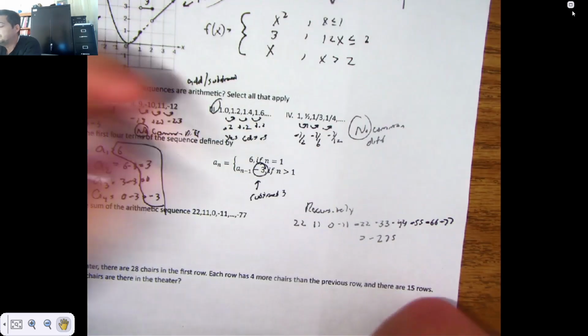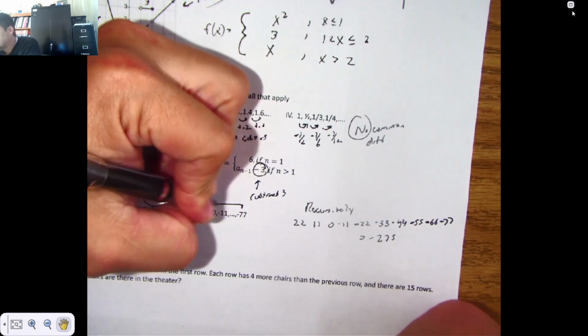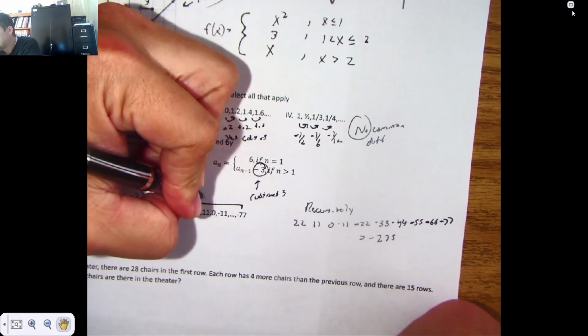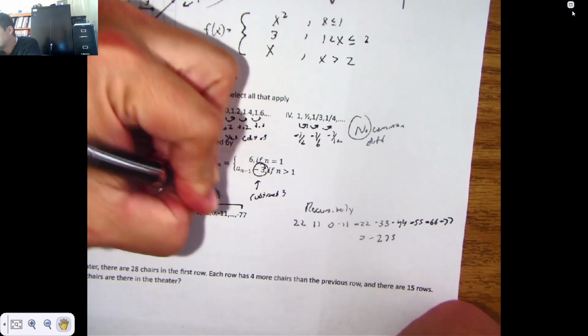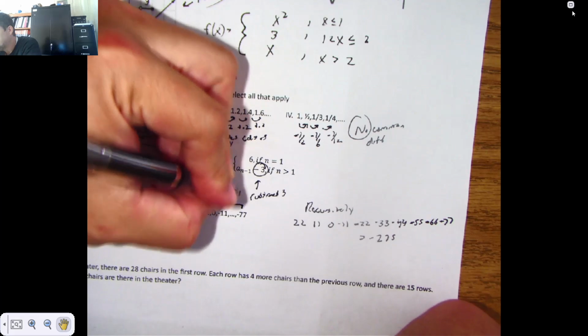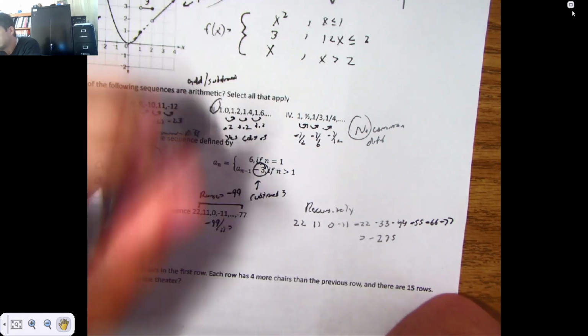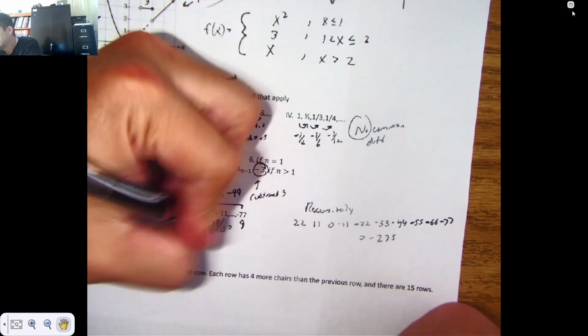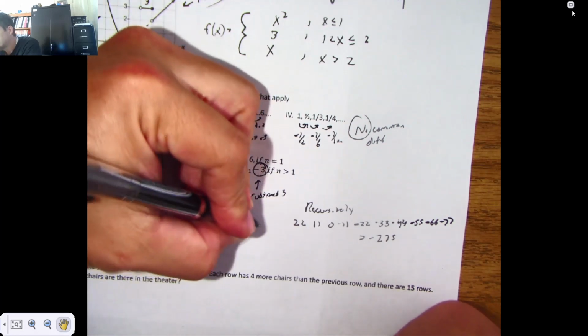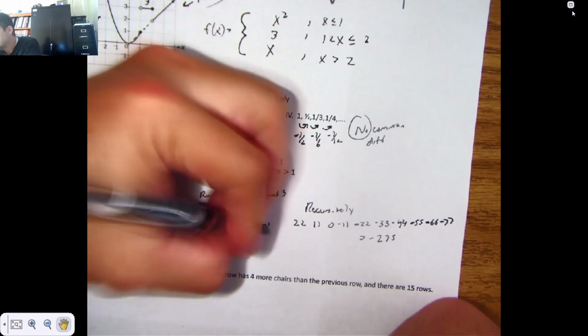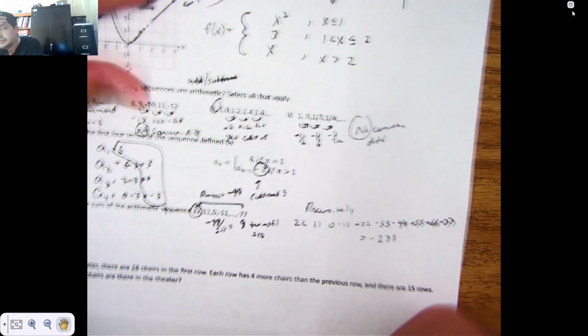Takes a minute. What I would have done is I would have figured out that the difference here, the range, is negative 99. I would have thrown negative 99 over negative 11, which means 9 terms, plus the original, which is 10 terms.